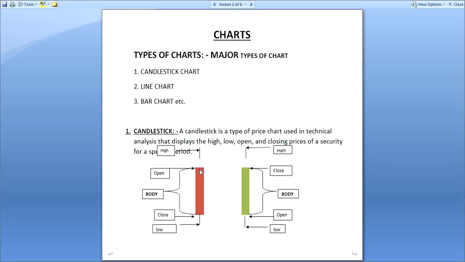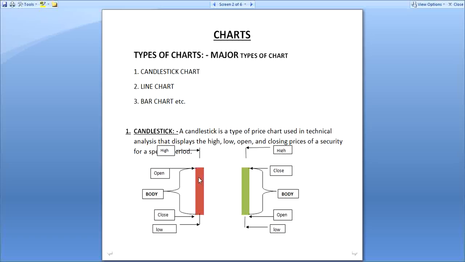This is called the high, in both bearish and bullish, and this is called the low, in both bearish and bullish. This part is called the low wick, and this is also the low wick.